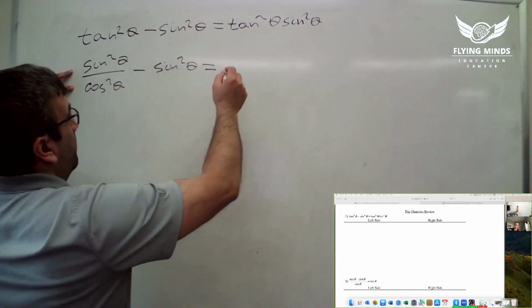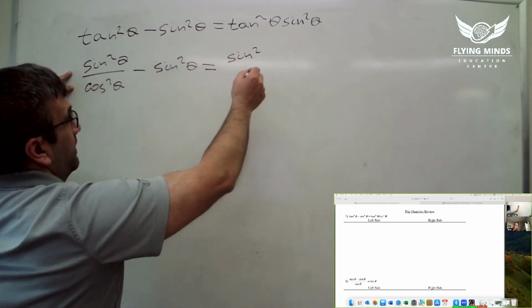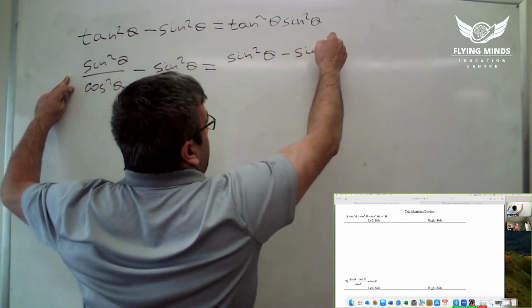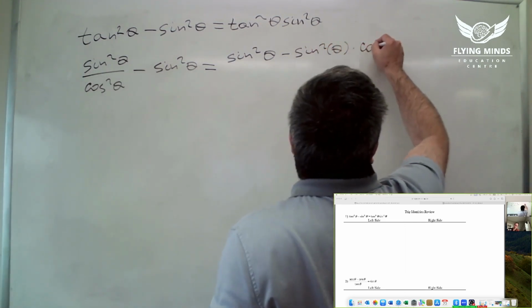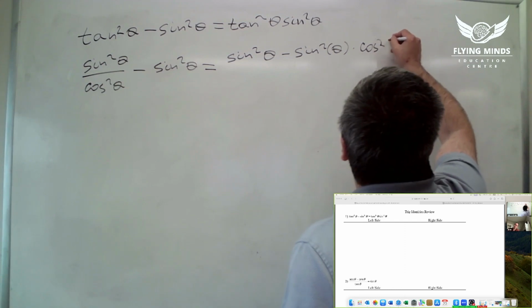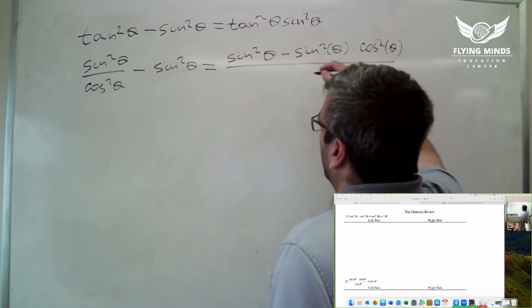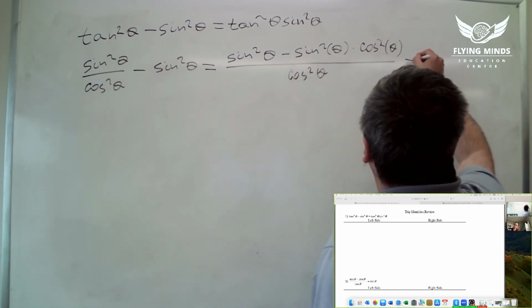We can do common denominator. Sine squared theta minus sine squared theta times cosine squared theta, over cosine squared theta. So far so good?